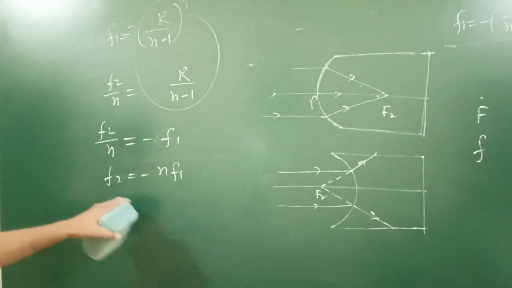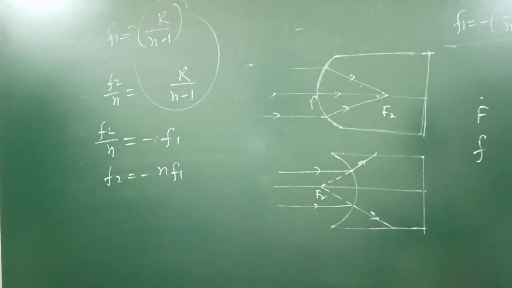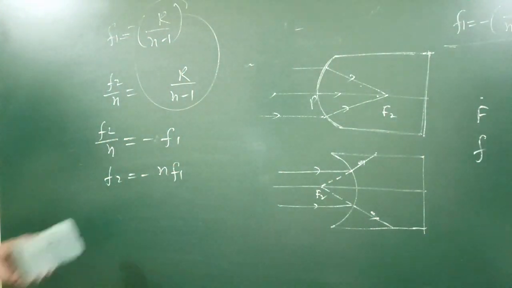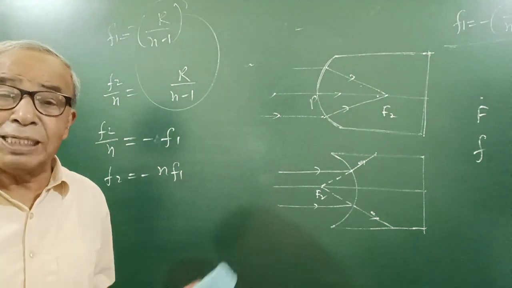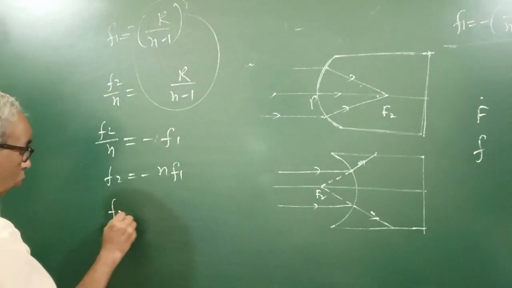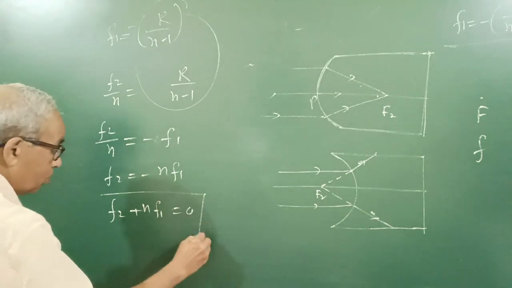That is, the focal length of the second focus is n times the focal length of the first focus. They are not equidistant, please. And f2 plus n f1 is equal to 0.